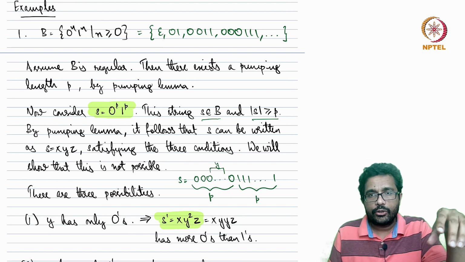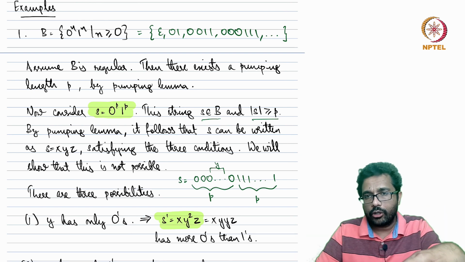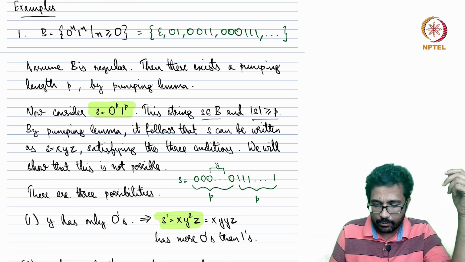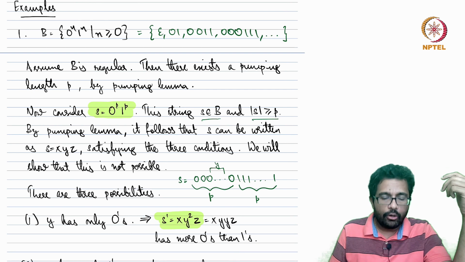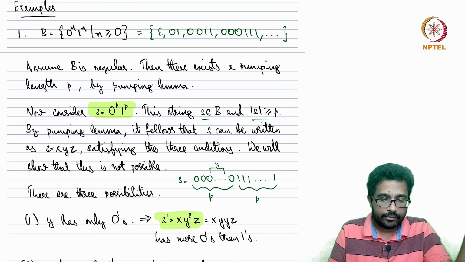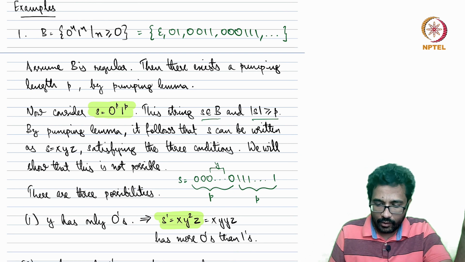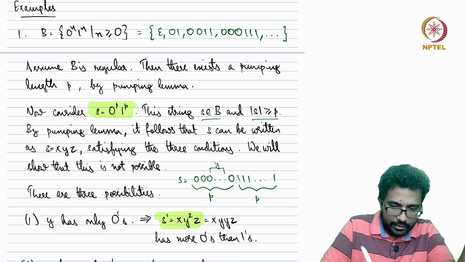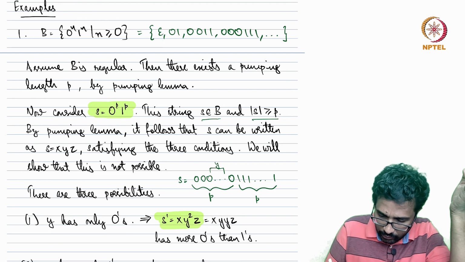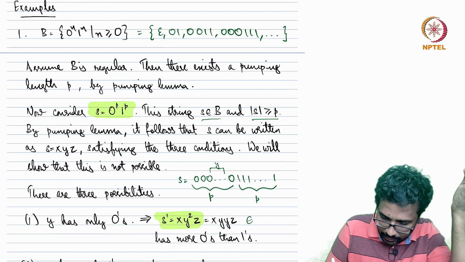So, when you add one more copy of y, the resulting string has more zeros than ones, but we know all the strings in the language B have the equal number of zeros and ones. So, this S prime is not in the language.